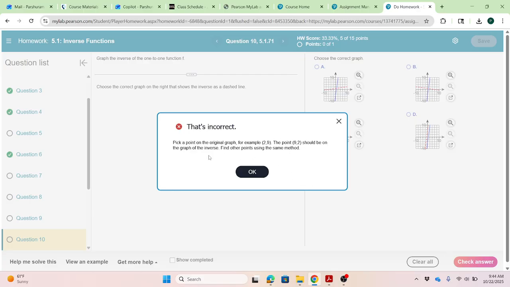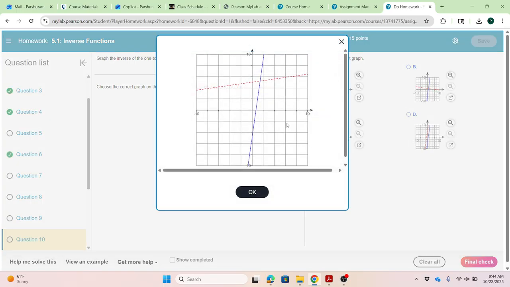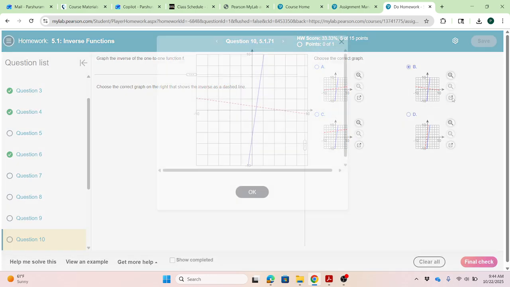But (2, 9) and (9, 2) should be on the graph of the inverse. 9 is supposed to have 2, but that's not the case, so I was wrong here.